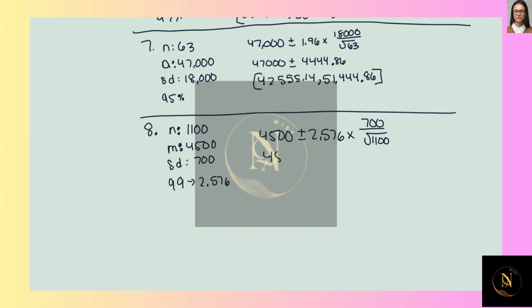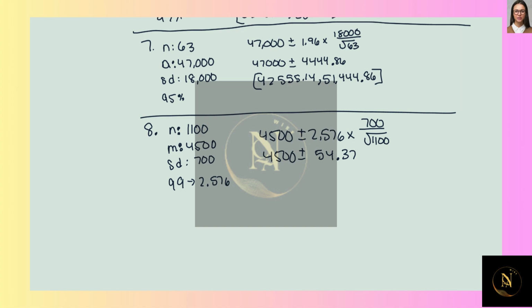So 700 divided by the square root of 1,100 times 2.576 is 54.37.